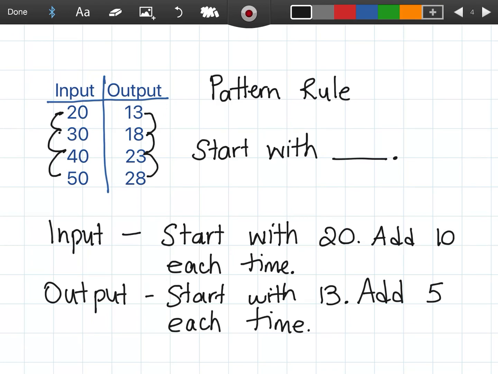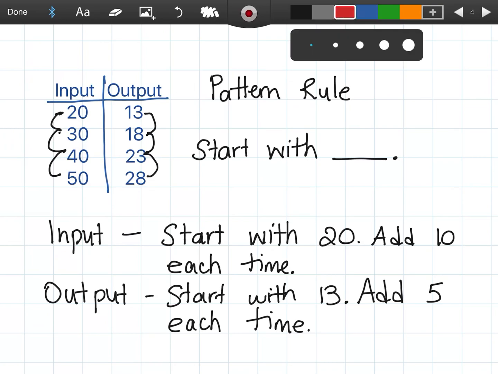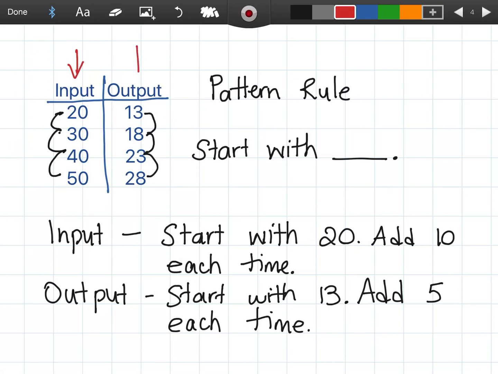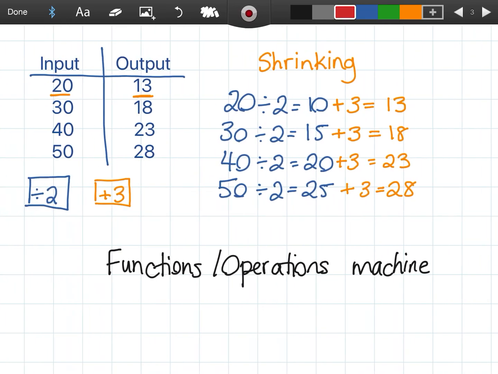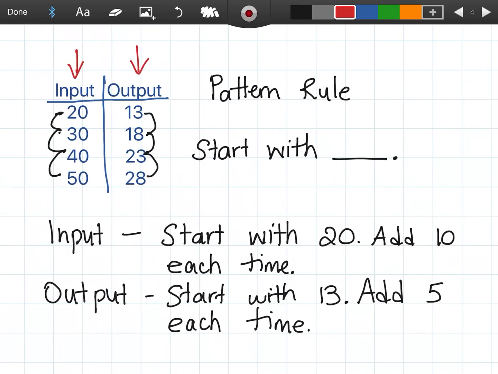With input and output machines, there should be no alternating because there should be a consistent difference between them, and it should usually be adding or subtracting. This is what they mean when they ask you to write a pattern rule for the machine. You would find one pattern rule for the input and one for the output. They will not match. When they're asking you for the operations, that's going back to the previous slide, figuring out what they've done to that input to get that output number.